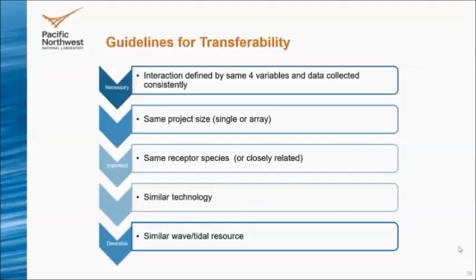So they have the same stressor, the same receptor, same site conditions, and same technology type. And then also we want to make sure that the data were collected in a consistent manner. It's also very important that the project be of similar size, whether we're comparing an array to an array. So obviously the caveat here is that we don't have a lot of information on arrays yet.